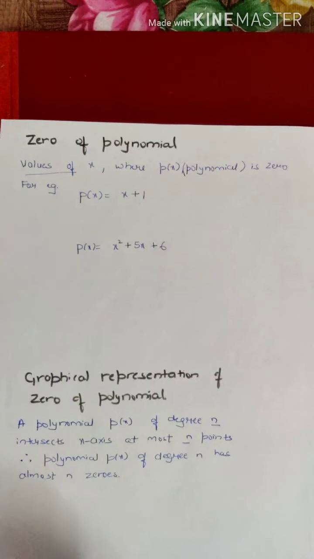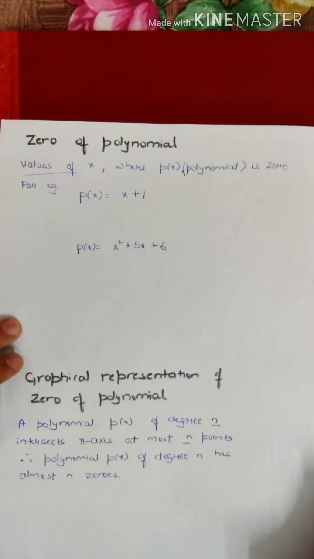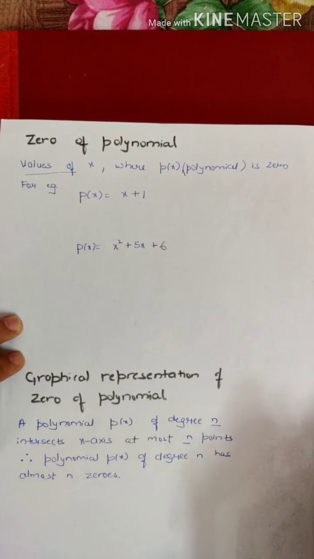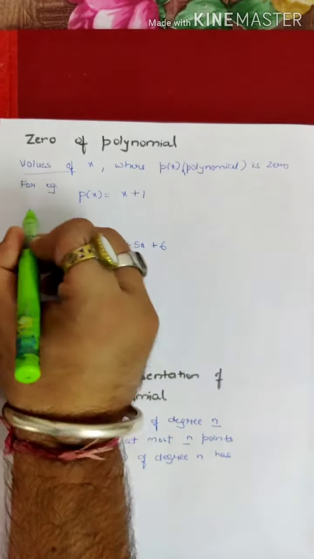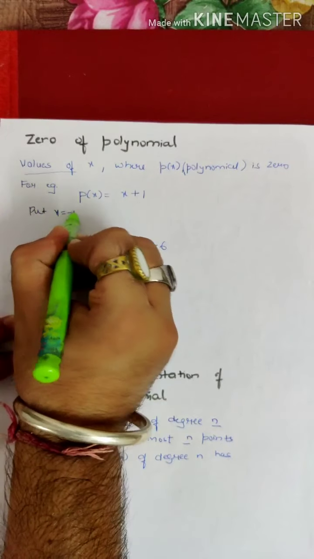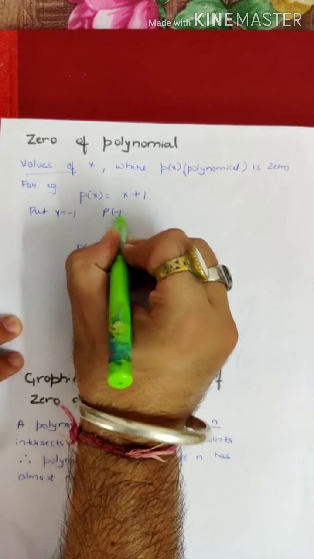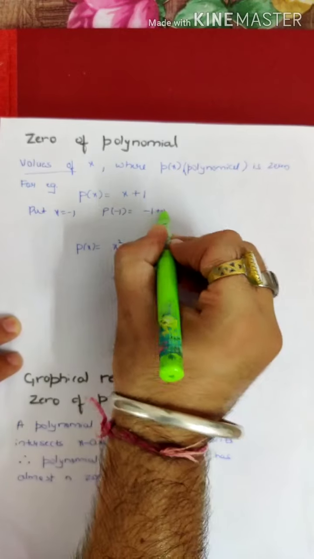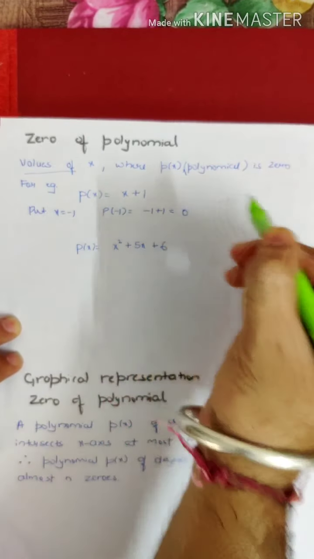Suppose we have a polynomial p(x) given by x plus 1. So what can be the zero of the polynomial? That value of x which when substituted here gives the polynomial as 0. As we can see, if we put x as minus 1, we calculate p of minus 1, that will be minus 1 plus 1, you will get it as 0.